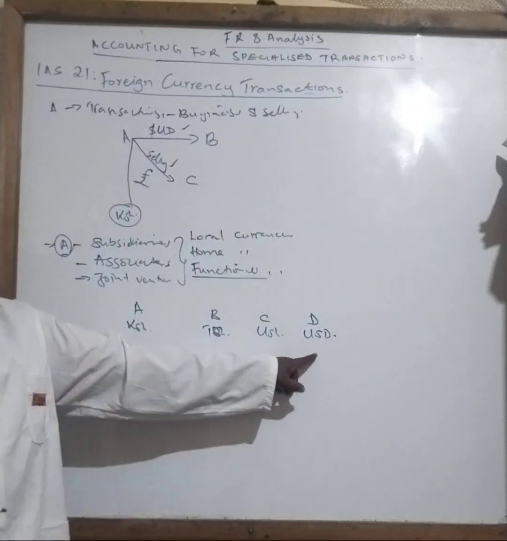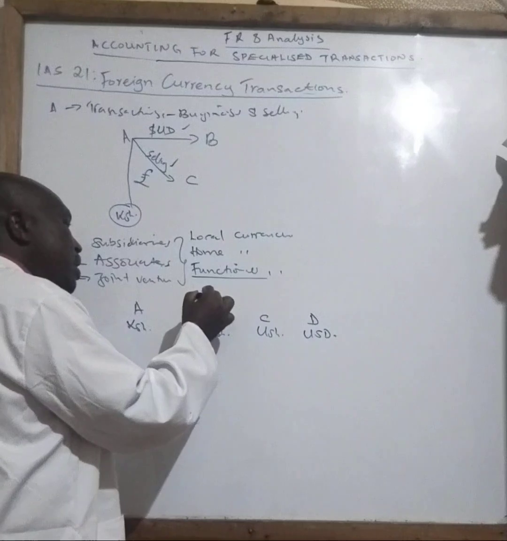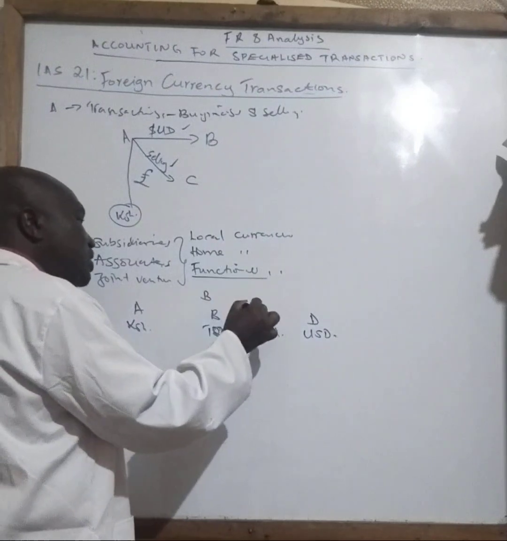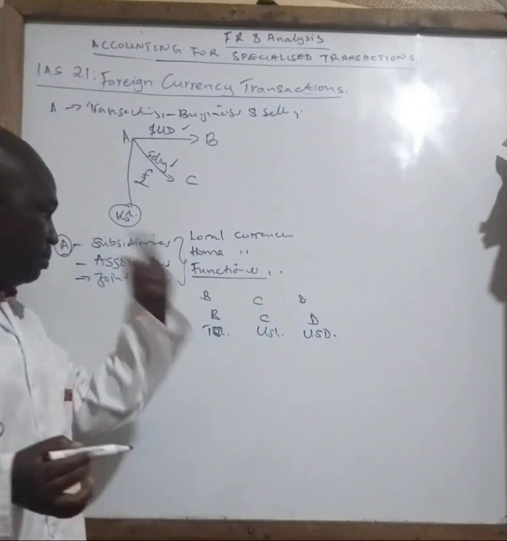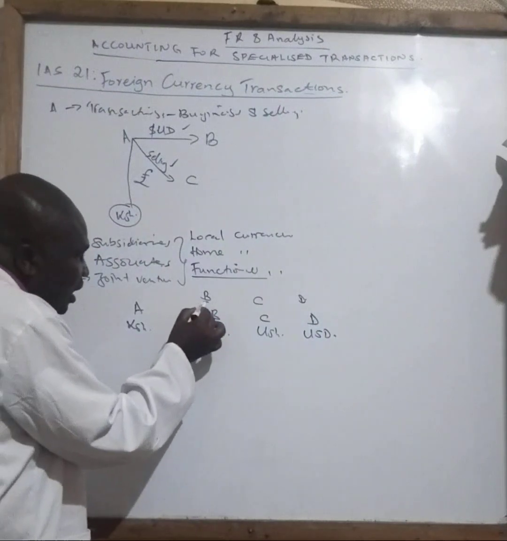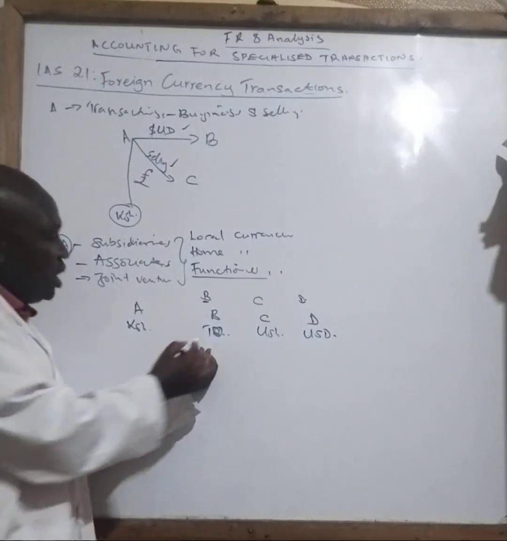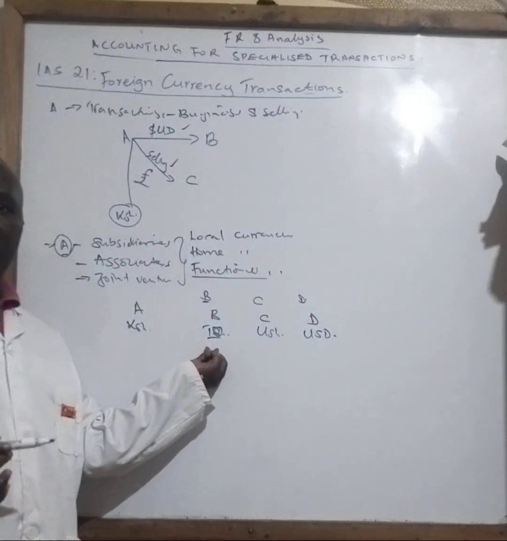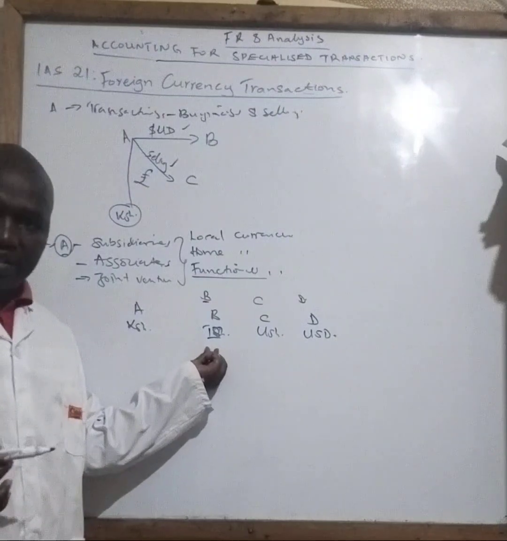You can see. So, if this one is in country B, and this one is in country C, and this one is in country D, it means that country B uses Tanzania currency. So therefore, this one becomes what? Home currency or local currency or functional currency.